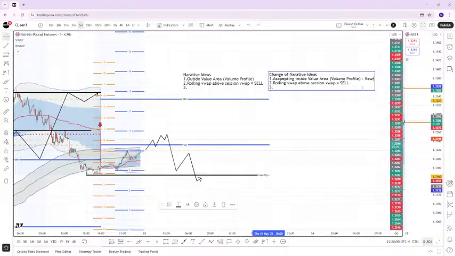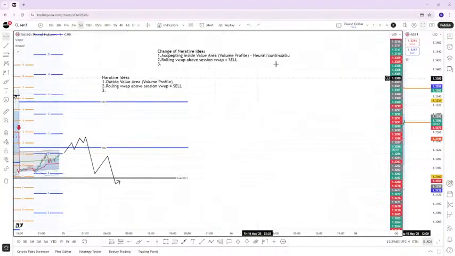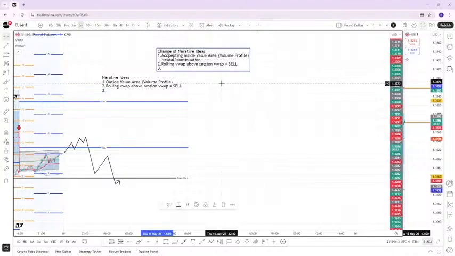Let's do this. Neutral slash continuation buy. I'm saying neutral because if it just stays here at value area low, I don't want to take it.